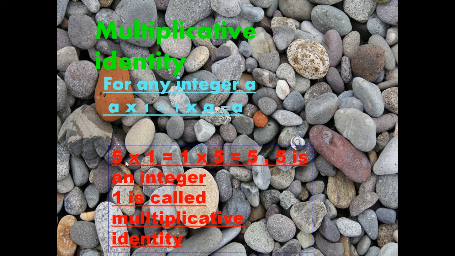Here one example, 5. 5 is an integer, no? 5 into 1, 5 ones are 5, and 1 5s are also 5. So 5 into 1 is equal to 1 into 5 is equal to 5. Here 1 is called the multiplicative identity. Any number multiplied by 1 gives the same number.